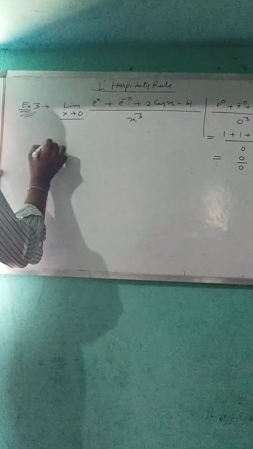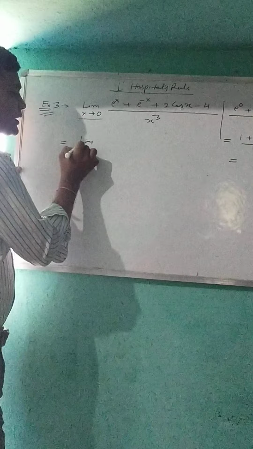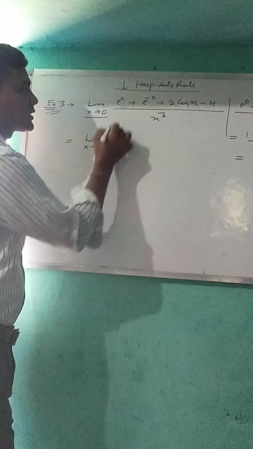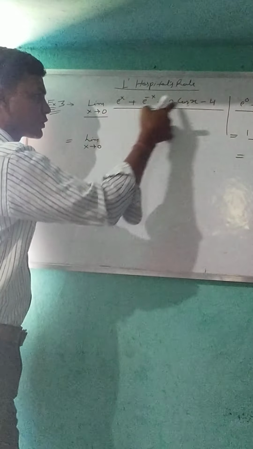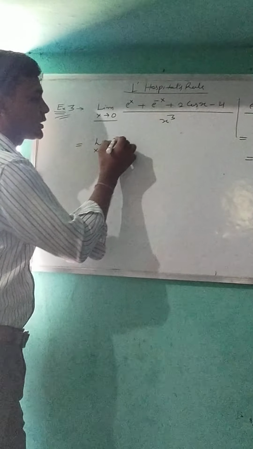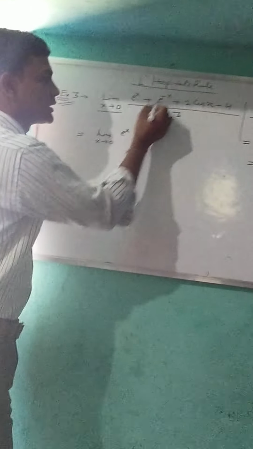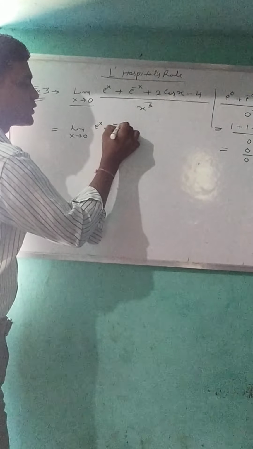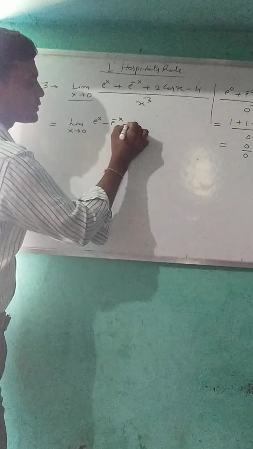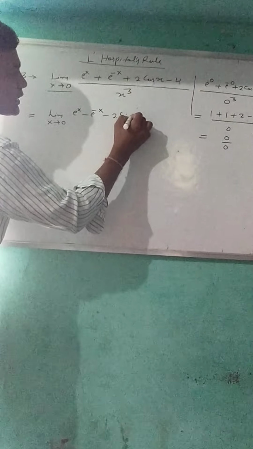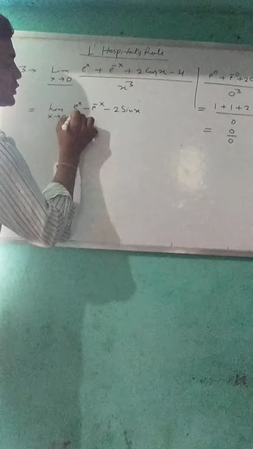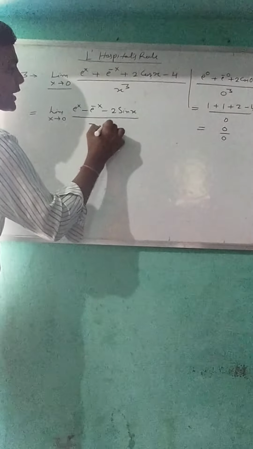Then it is equal to the limit as x tends to 0 of the differentiation of the numerator and the differentiation of the denominator. Differentiation of e to the power x is e to the power x. Differentiation of e to the power minus x is minus e to the power minus x. Differentiation of 2 cos x is minus 2 sine x, and differentiation of minus 4 is 0. In the denominator, the differentiation is 3x square.